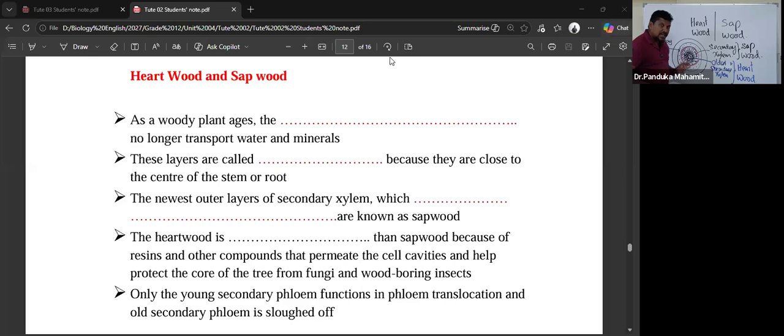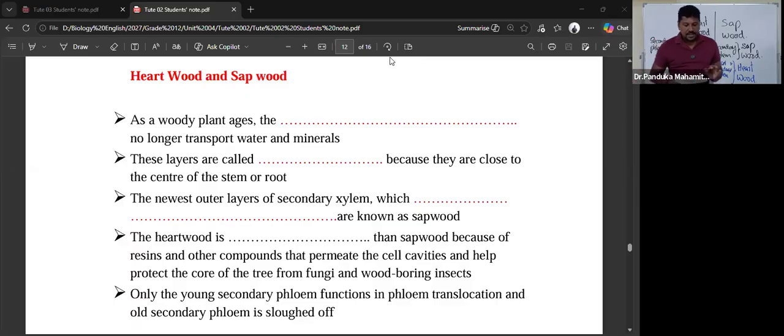So heartwood, in other words, is the secondary xylem which does not transport water and minerals due to the deposition of resins and other compounds. These layers are called heartwood because they are close to the center of the stem or root.